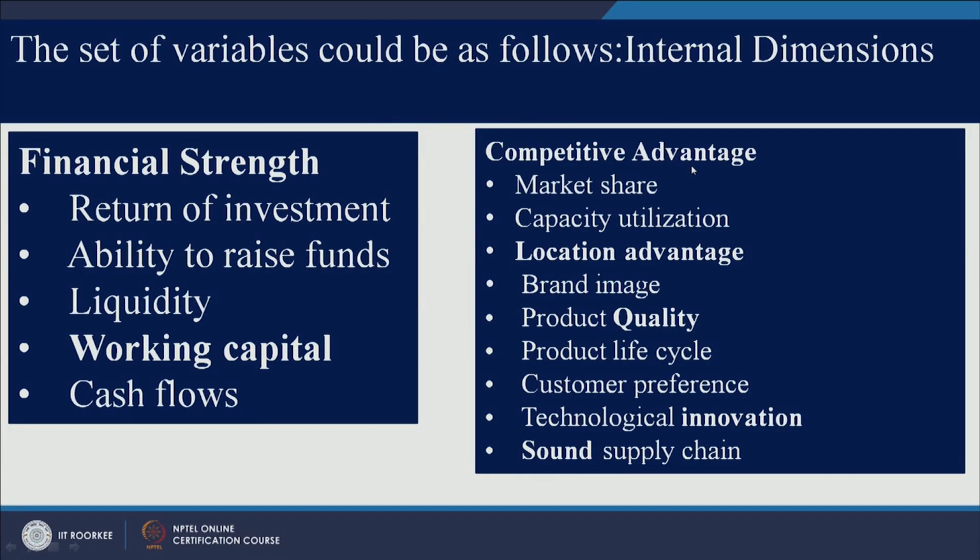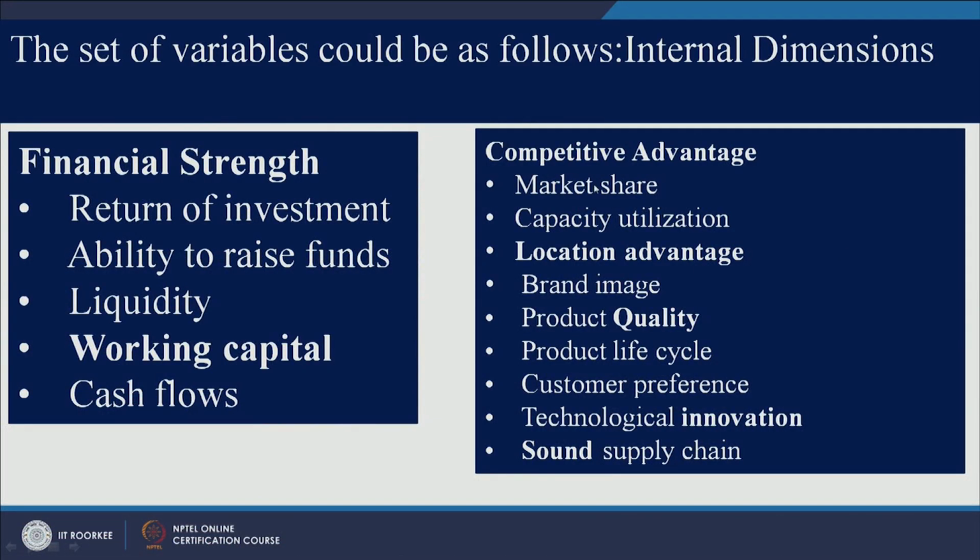If you look at competitive advantage, there are points like market share, capacity utilization, and location advantage. This is a very good point as far as competitive advantage is concerned. You can make lots of money if your business is at a particular location.